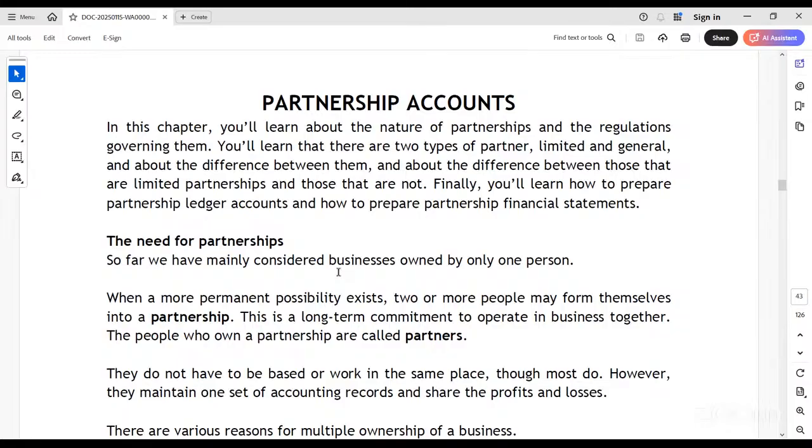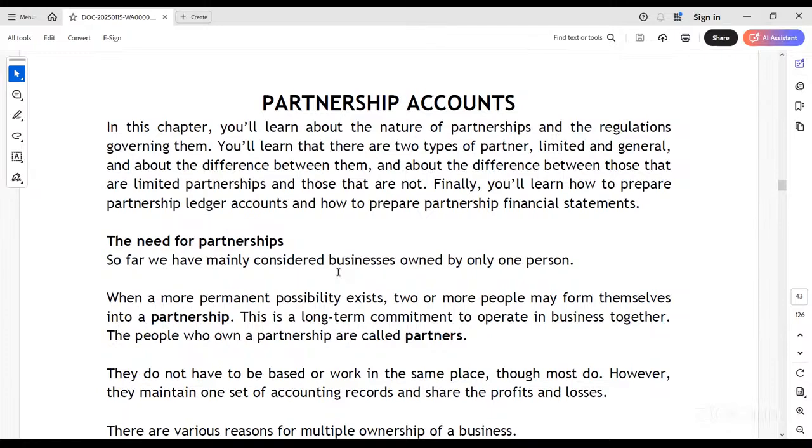What we need to understand is that a partnership is where two or more people come together. They agree to share the profits and losses of the business venture they have started.